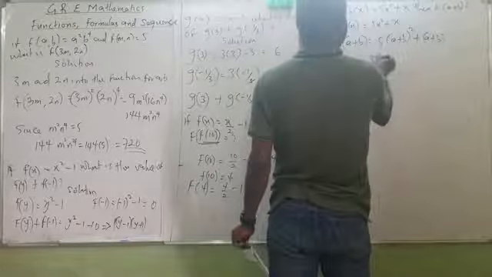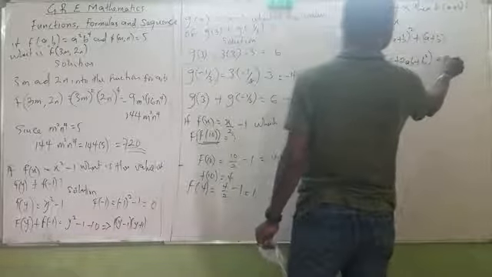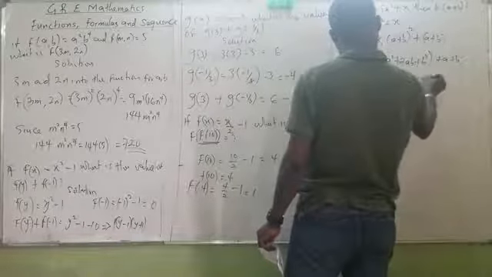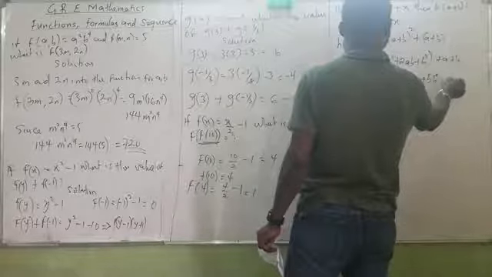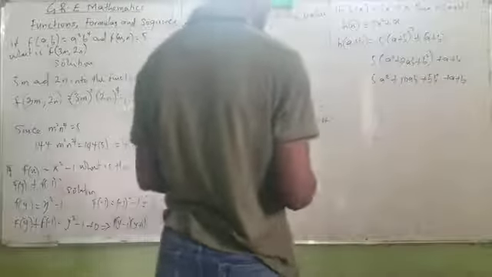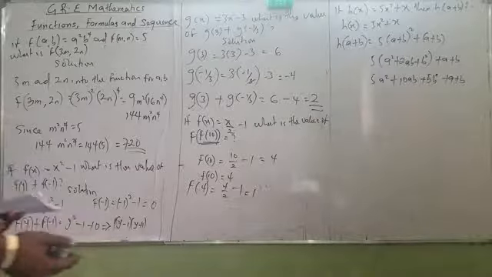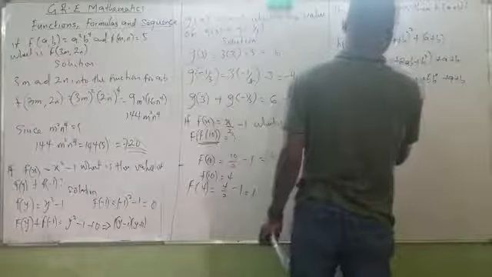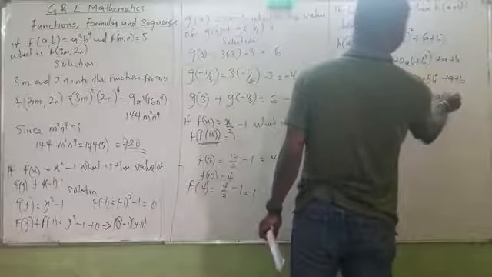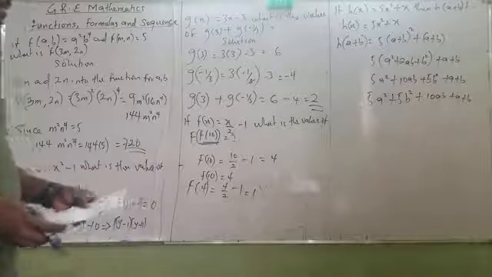Now, I'll be having 5 bracket of a squared plus 2ab plus b squared plus a plus b. Now, 5a squared plus 10ab plus 5b squared plus a plus b. Now, is there anything I can do? Nothing. That should be the answer. I can't go beyond that. That is all.